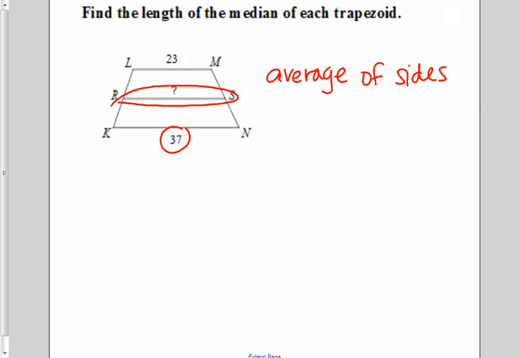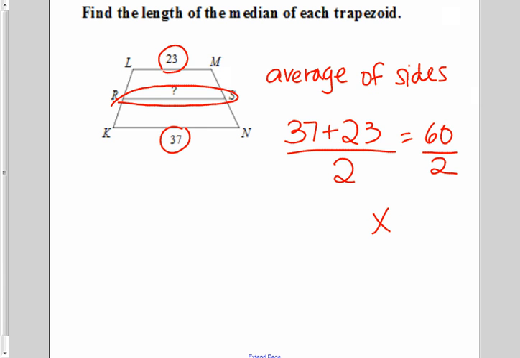So we're going to take these two, and you find the average by adding them up and dividing by however many you have. So 37 plus 23 divided by 2 is what we're doing to find the median here. When we add them, we get 60, and 60 divided by 2 is 30. So this would be 30. And it's not degrees because it was talking about the length, not the angle.